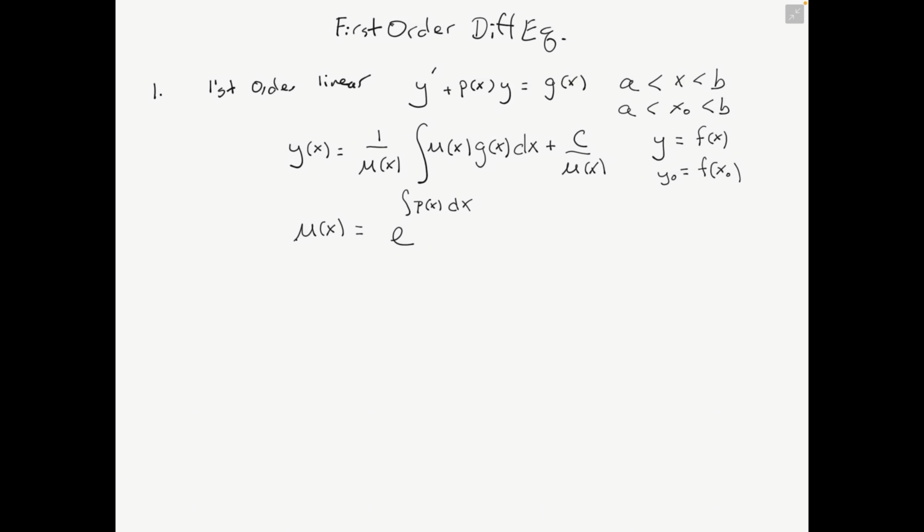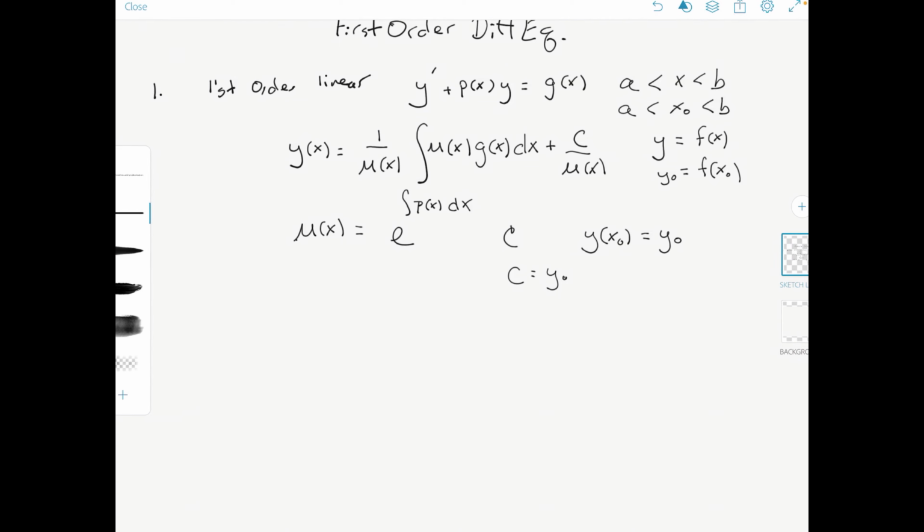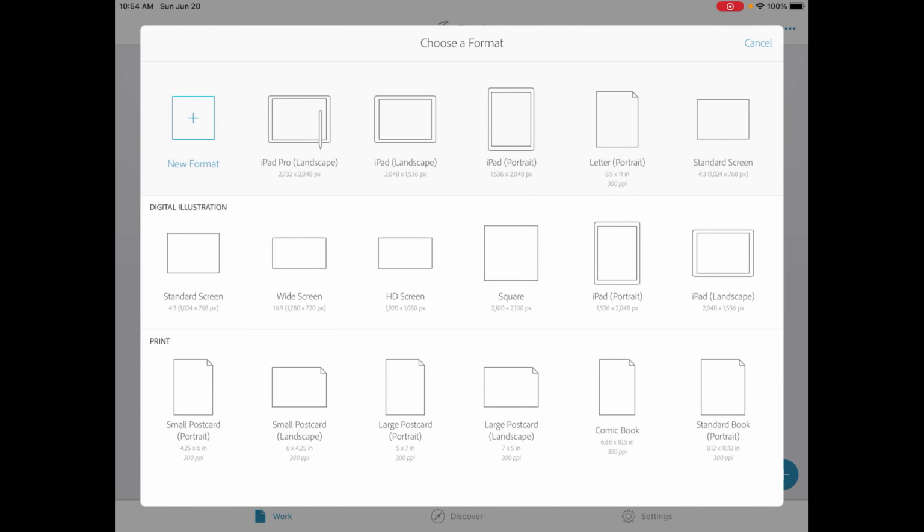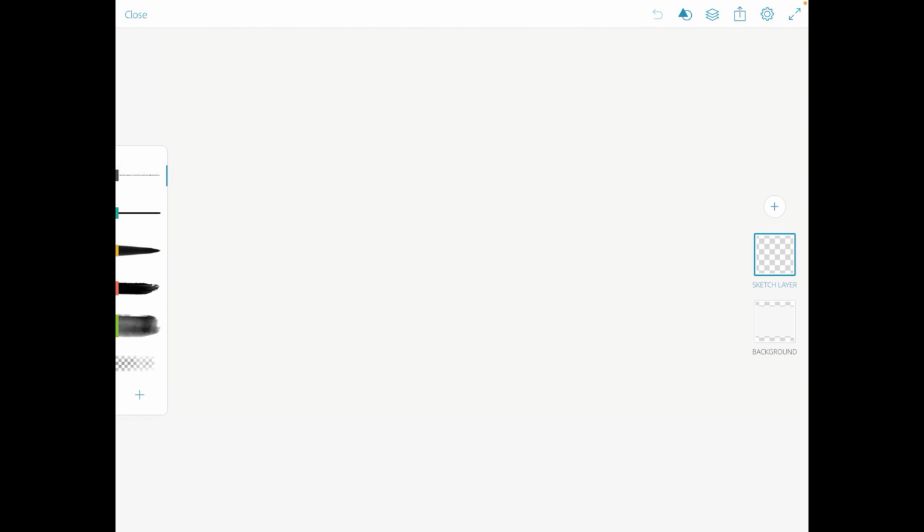We did quite a few problems using this method, and we were given that mu of x is equal to e raised to the integral of p of x dx, and that when we find the solution, we can solve for c when we have y of x0 equals y0. So c is going to equal y0.